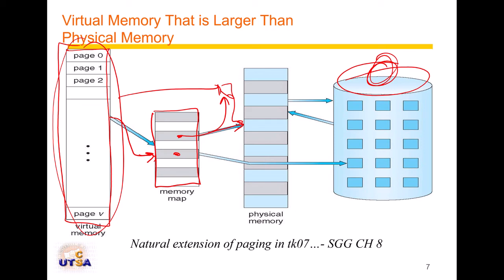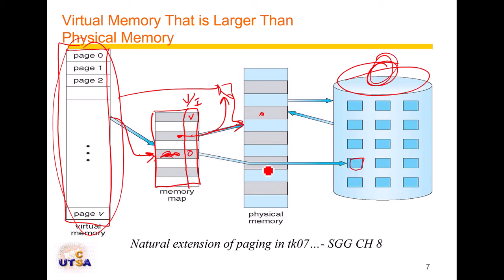And how do we really know that? Remember, in this page table we had some control bits. One of these control bits was the valid-invalid bit. If the valid bit is set to 1, then it means that this page is in the physical memory. If that bit is set to 0, then the frame number here doesn't make any sense, because that page is not in the physical memory, it is on the disk.